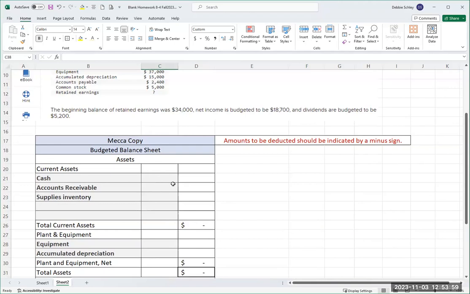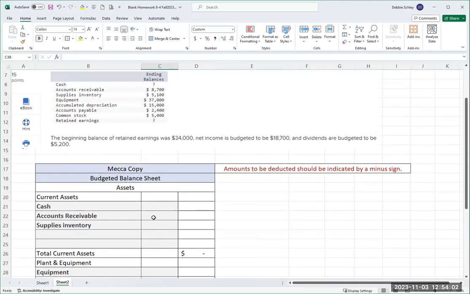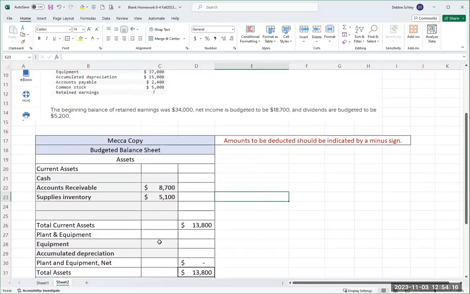So we don't know cash, but we do know accounts receivable is 8,700. And again, I'm just pulling the numbers straight from up here. Supplies inventory is 5,100. Equipment, 37,000. And then accumulated depreciation is 15,000.